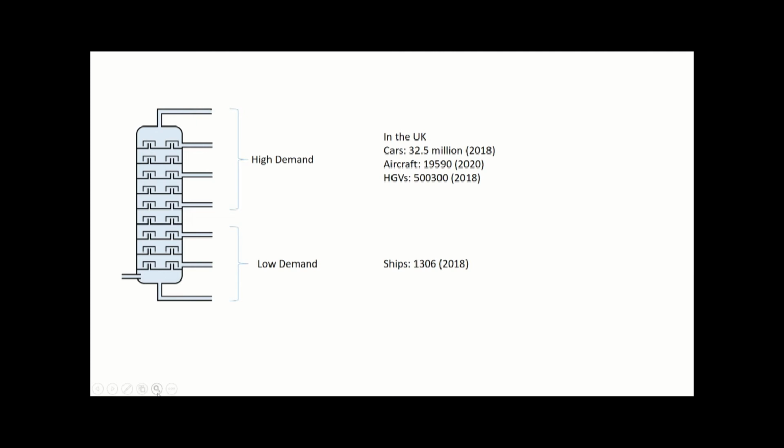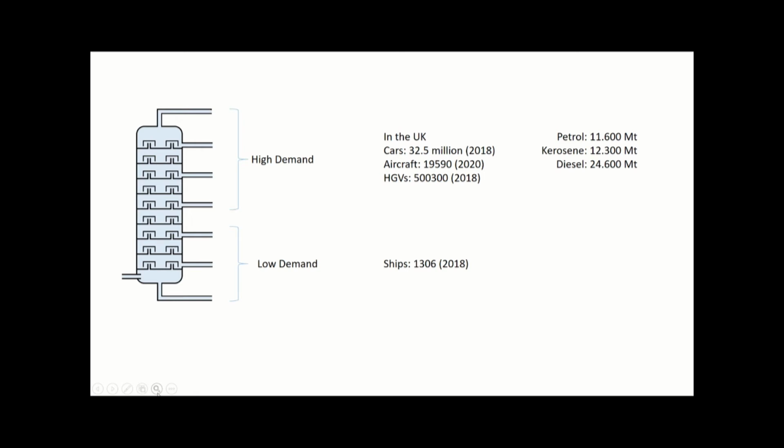And that's reflected in the amount of fuel that we use. So have a look at the amount of petrol. That's megatons, that's million tons, okay? So 11.6 million tons of petrol is used in the UK every year, and 12.3 million tons of jet fuel, kerosene, is used per year, and diesel, 24 million tons in cars and HGVs, heavy goods vehicles, and trucks, vans, all sorts of things.